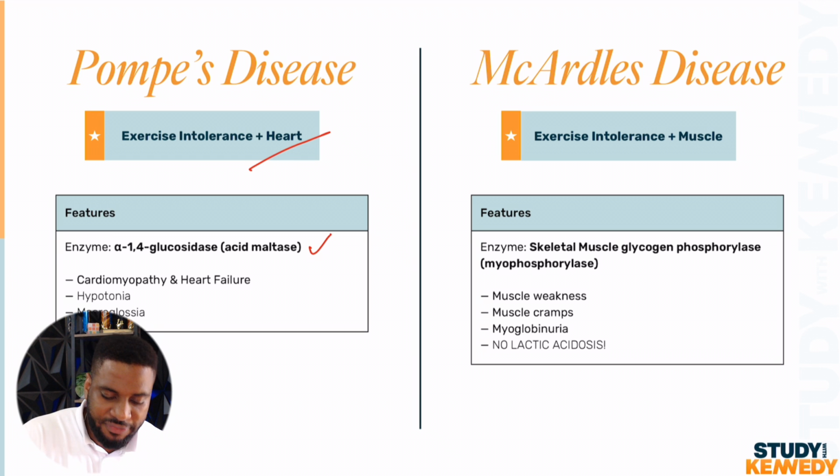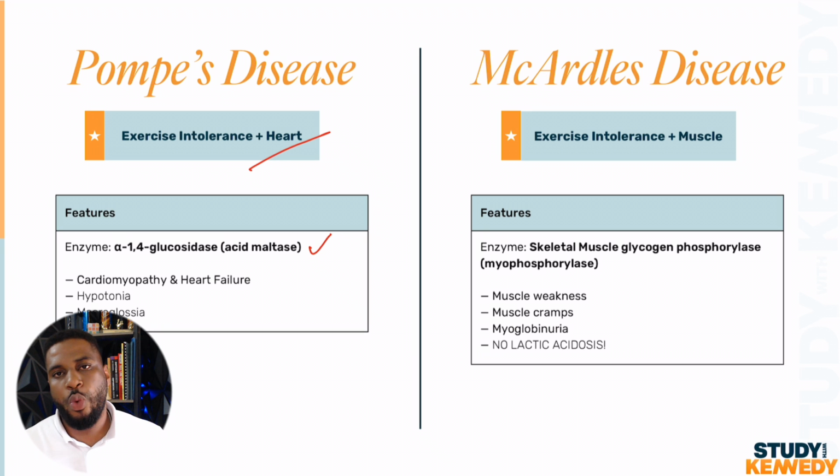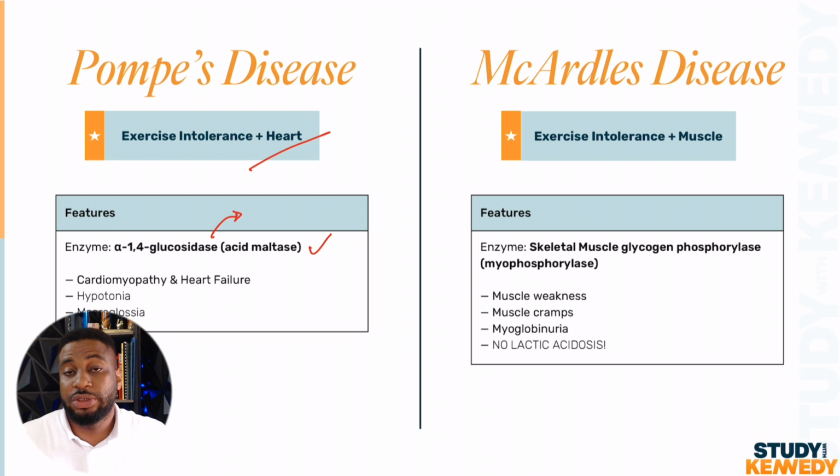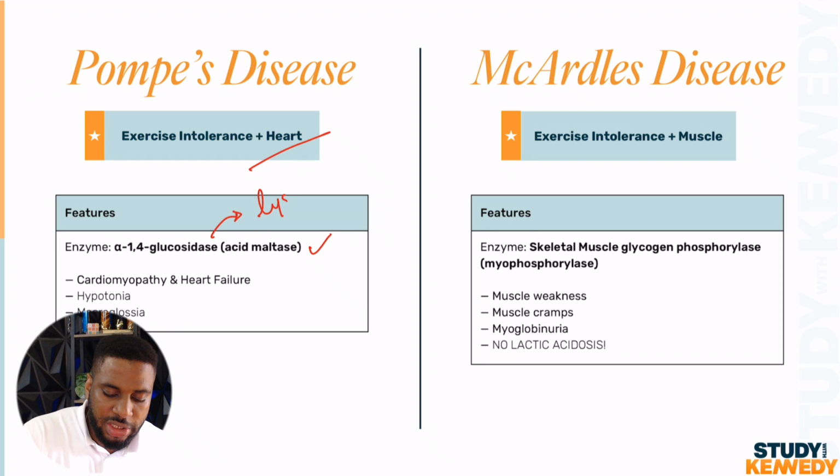The enzyme that is deficient in Pompe's disease is alpha-1,4 glucosidase, also known as acid maltase. You want to remember that alpha-1,4 glucosidase is an enzyme in the glycogen storage pathway, but this enzyme is also a lysosomal enzyme.